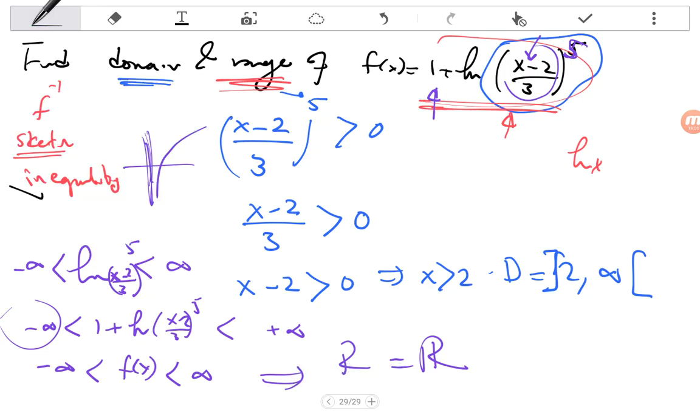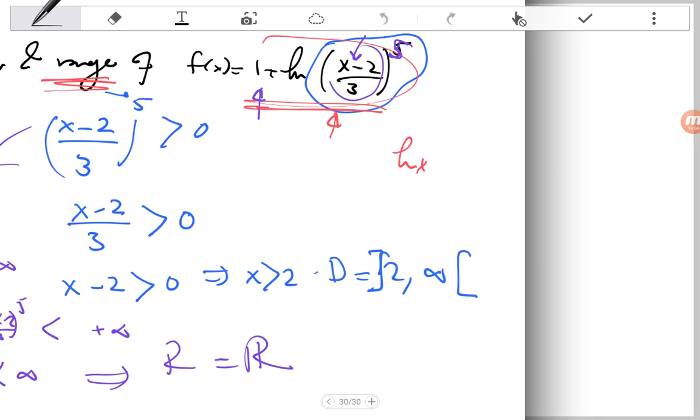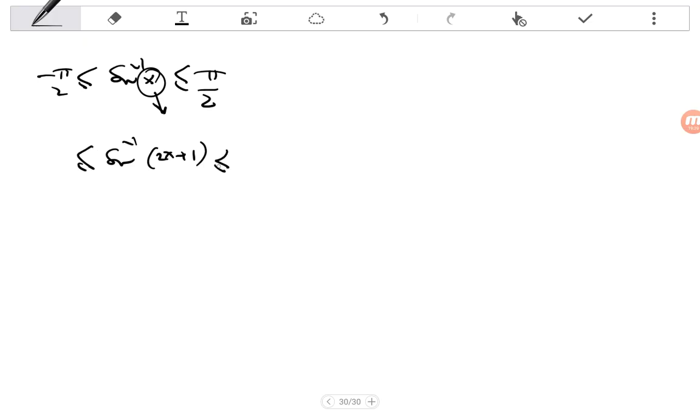Whenever I have a function, for example, we have learned before that sine inverse is from negative pi over 2 to pi over 2. If I put inside a linear function, for example 2x plus 1, that will not change that inequality. Why?